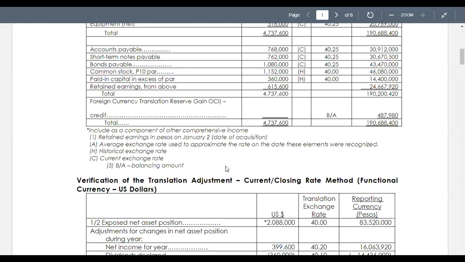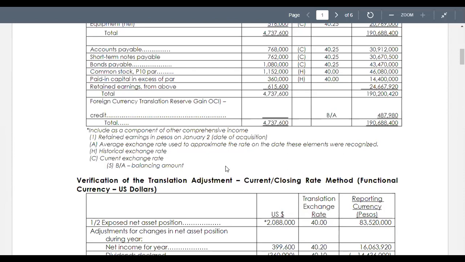Then we now go to number 3. The current rate method, translation into presentation currency, versus temporal or remeasurement, translation into the functional currency. For each of the following account balances, identify the exchange rate used to translate under the current rate method or remeasure under the temporal method.